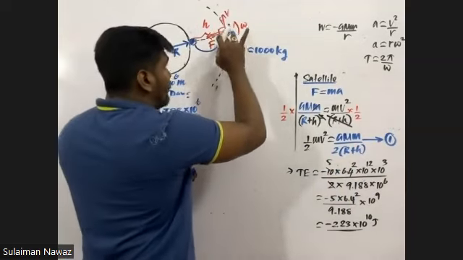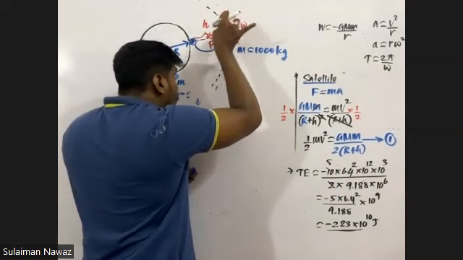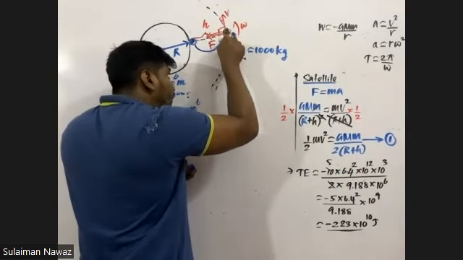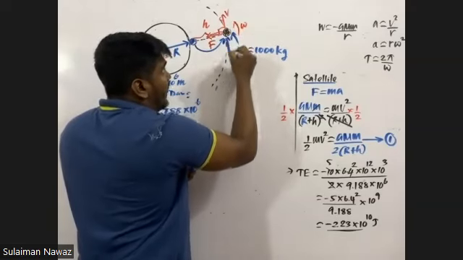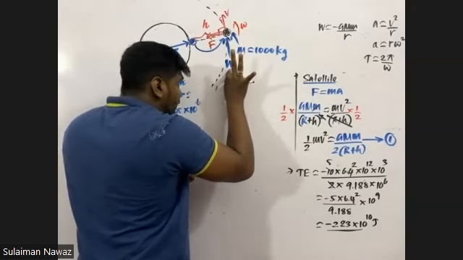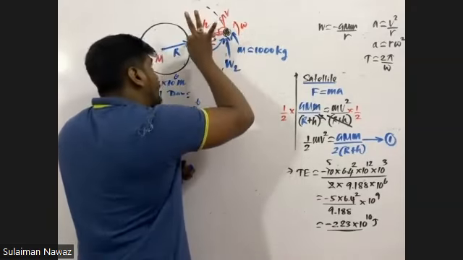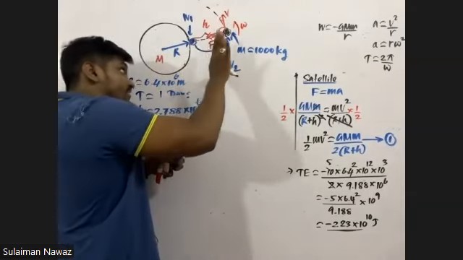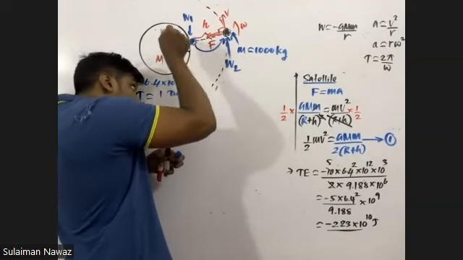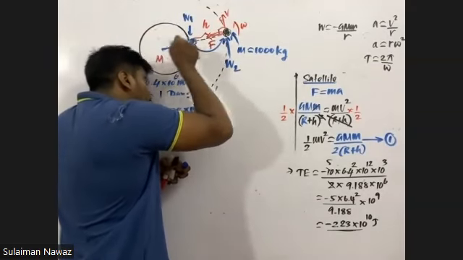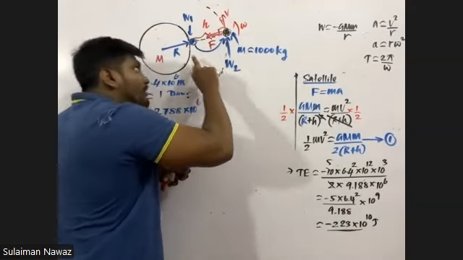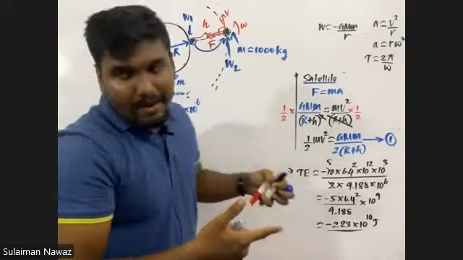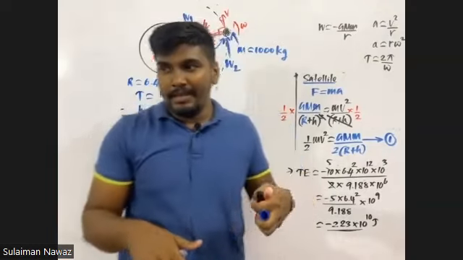If you say the potential energy of the object at the orbit is W2, and the potential energy of the object on the surface of the Earth is W1, what is the minimum energy you need to provide to move the satellite from the surface of the Earth to orbit? Change in potential energy, W2 minus W1. I think in one of the past episodes I also discussed the same thing.